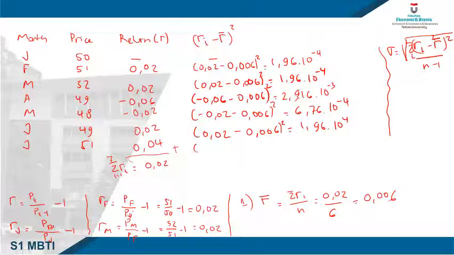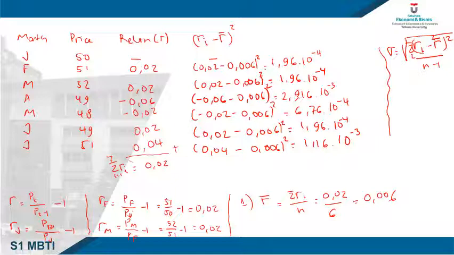And last but not least, 0.06 squared is 1.16 times 10 to the minus 3.